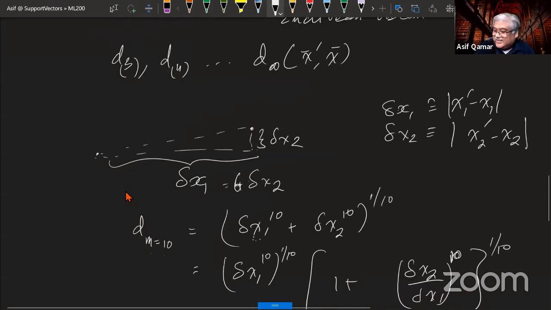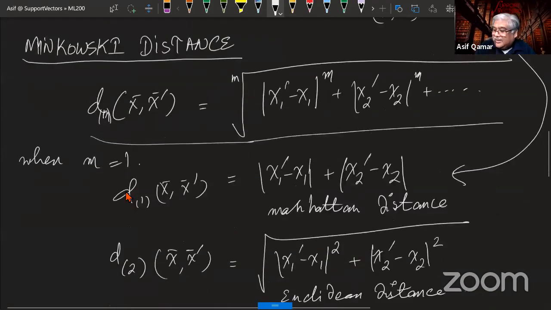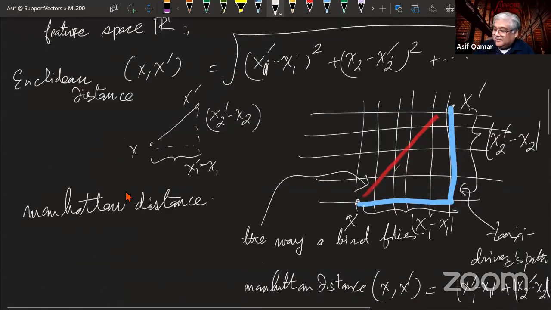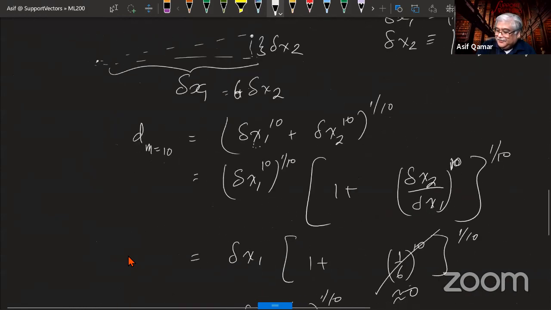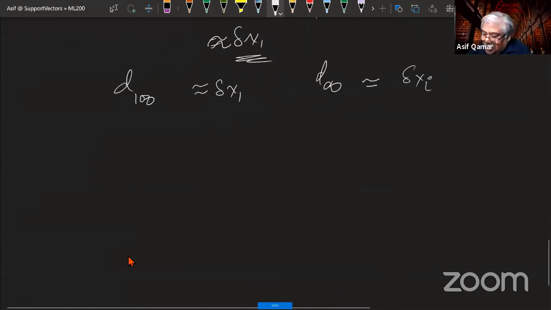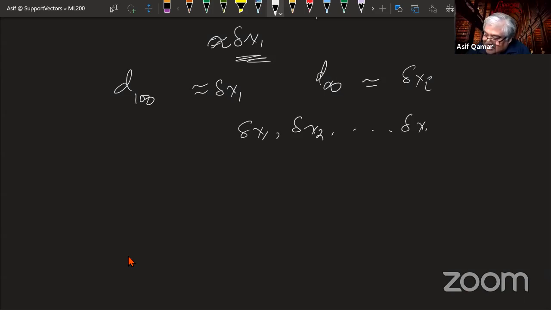The infinite norm just picks up whichever distance along the axis is the biggest one. All others go to 0, and that is the only one that survives. If it's p-dimensional data, with delta x1, delta x2 and so on, it is just picking the max of them.